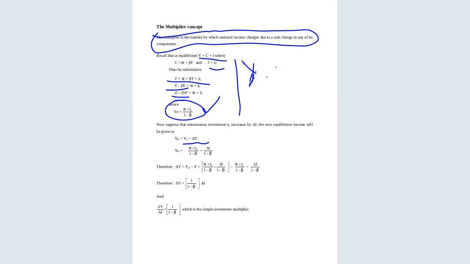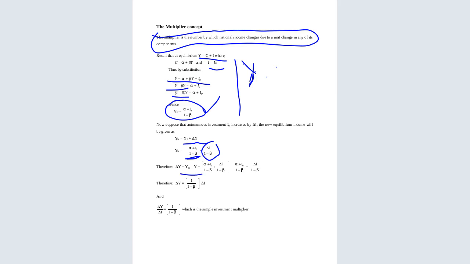Our previous equilibrium income is defined by this part here. You can add the change in investment, which is this component. So our new equilibrium will be given by this.